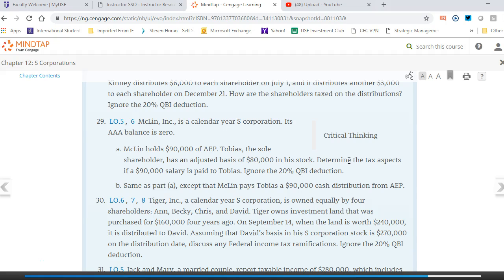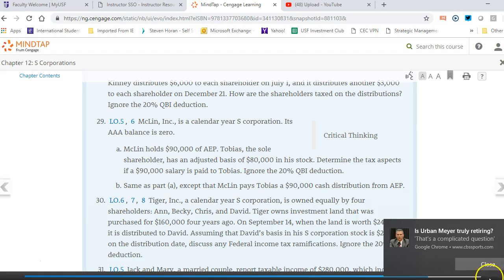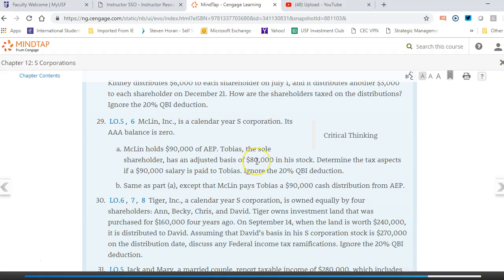And so that's going to be a deduction, which means the expense is greater than the 80,000 basis, which means there's a $10,000 carryover loss, and his basis will be zero. So his basis goes to zero because of the loss, and 10,000 is a loss carryover. Okay, so that's if it's salary.